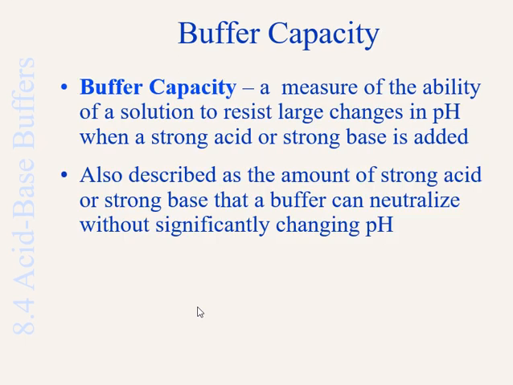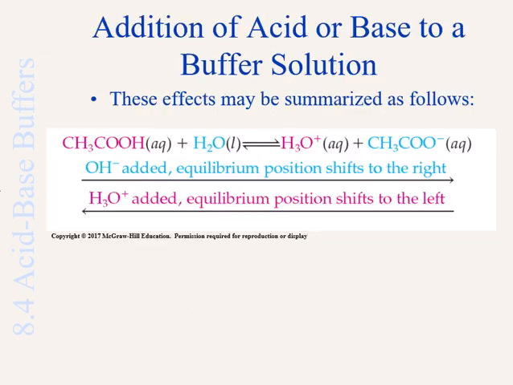So as I was saying, there is something called buffer capacity. We cannot just endlessly keep on adding HCl or NaOH and expect the pH not to drop or not to increase forever, because we only have a limited amount of CH3COOH and CH3COO- to compensate for any sudden added H3O+ or OH-.